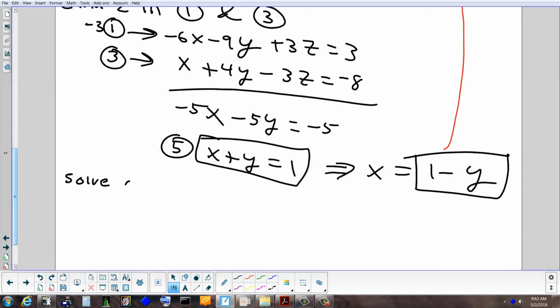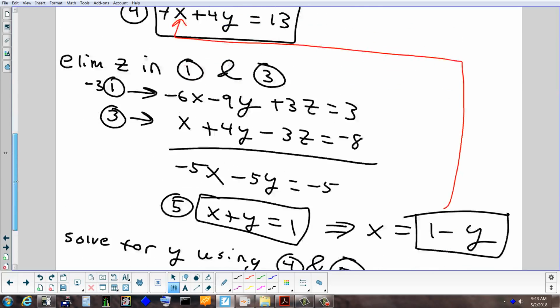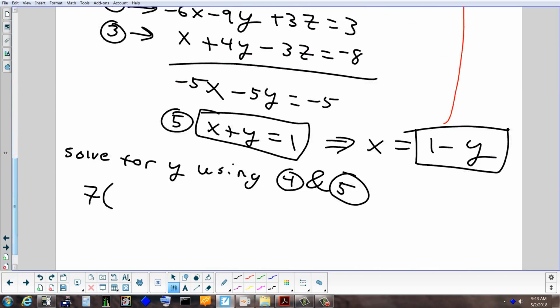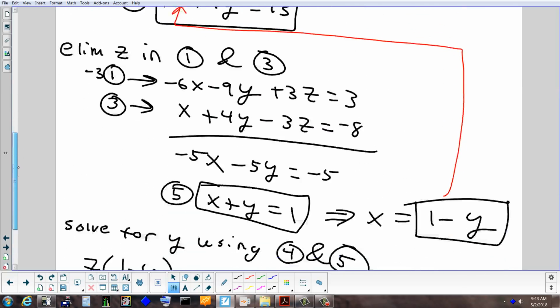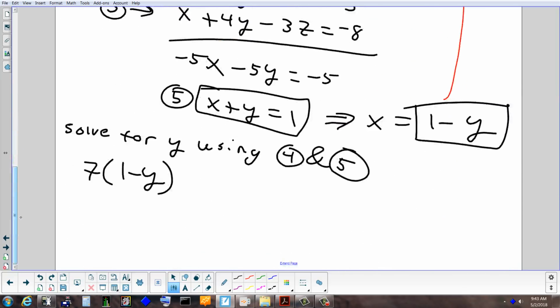Solve for y using 4 and 5. Specifically using substitution. All right, so we've got 7 times x. X is now 1 minus y. Plus 4y equals 13.